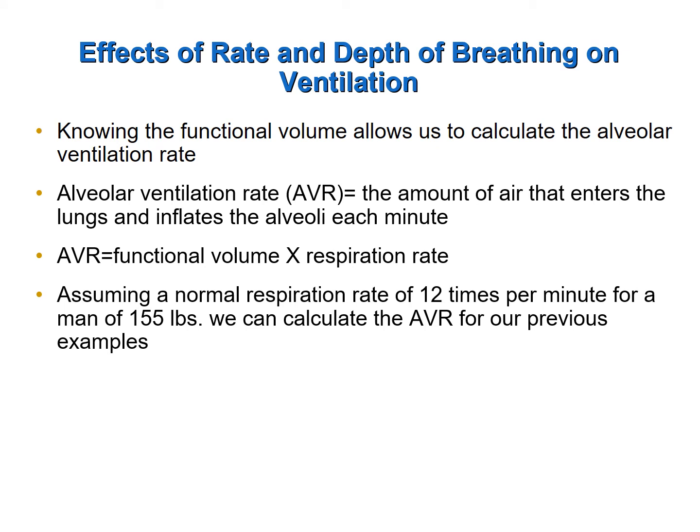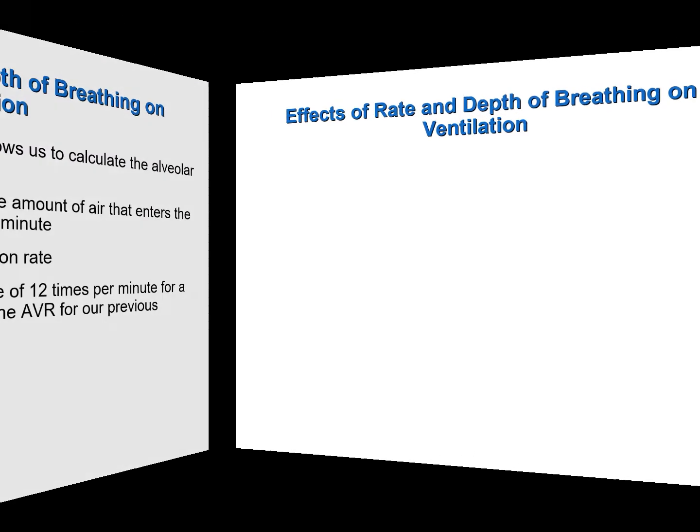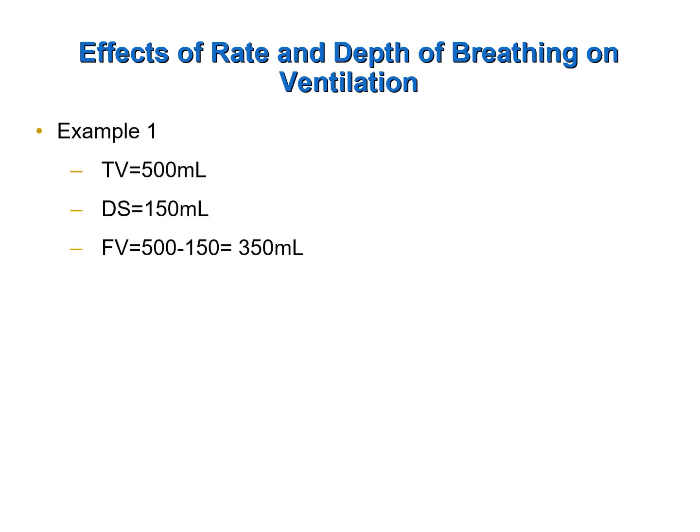Let's assume for these examples that we have a respiration rate of 12, which would be typical for a man of 155 pounds. We're going to calculate the alveolar ventilation rate using the functional volumes from our previous two examples. If you recall, for example 1, we calculated a functional volume of 350 milliliters.